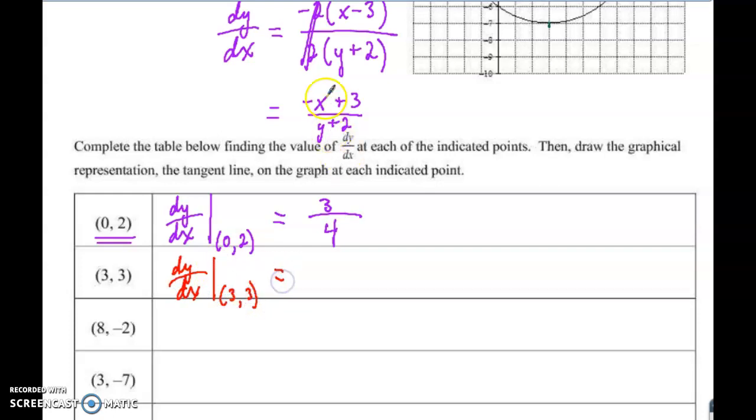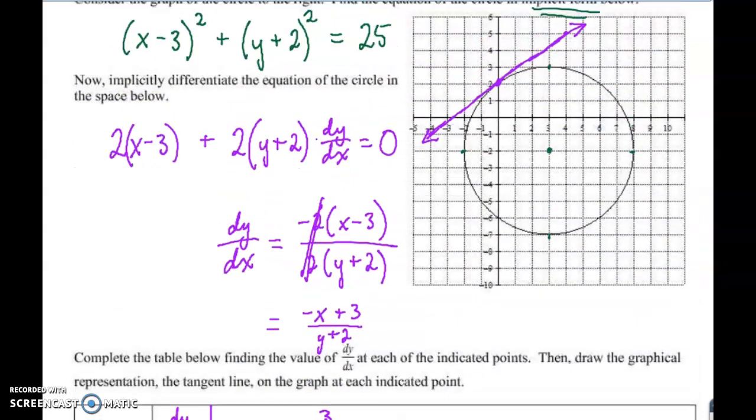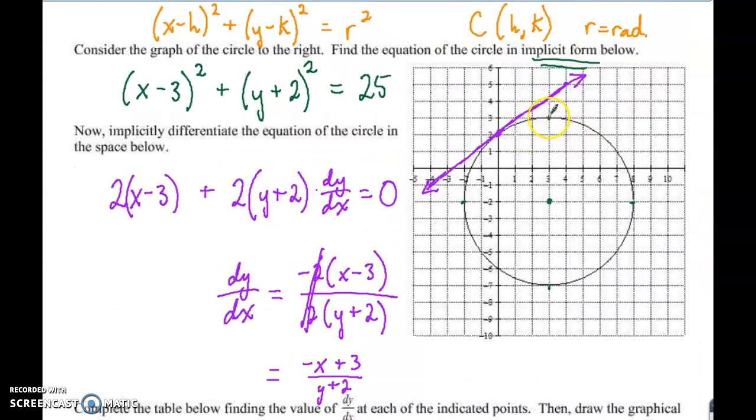So as you plug in 3 for x and y, negative 3 plus 3 would give me 0. Well, 0 divided by 5 is still 0. I guess I could write that in. So as I look at the ordered pair (3, 3), that slope is 0, so that's a horizontal tangent line.